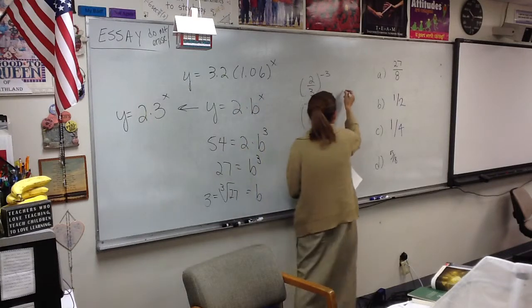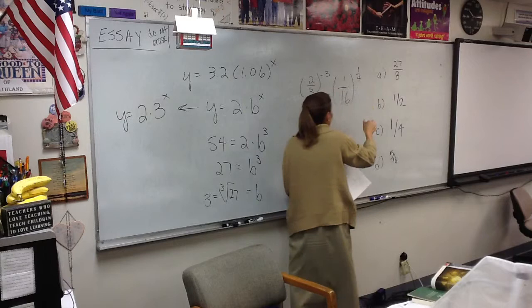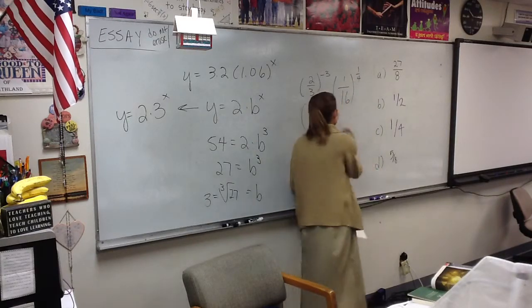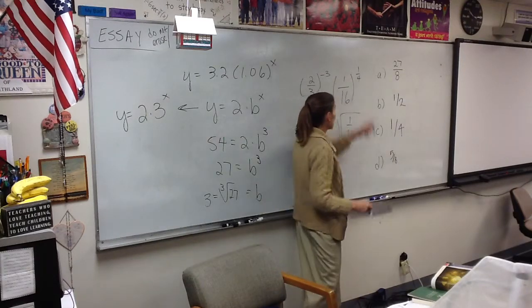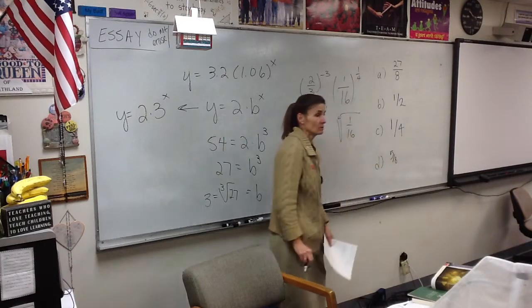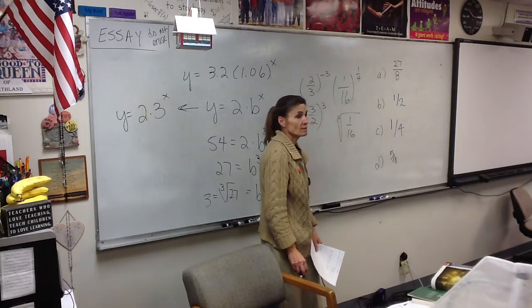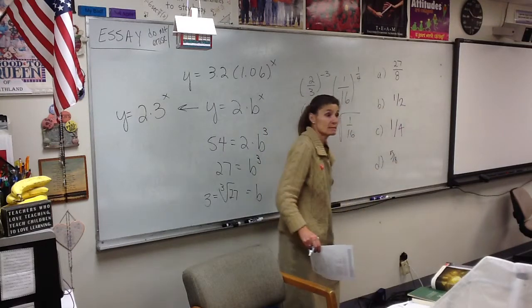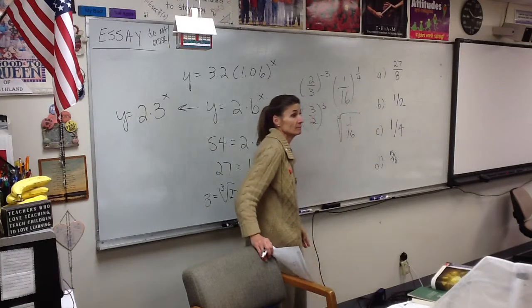Our logic, we have 1/16 to the 1/4 power. What does a fractional exponent always mean? Radical. The denominator tells me which radical. So this is a 4th root. What's the 4th root of 1/16? 2. Well, 4th root of 16 is 2. Yep, and the 4th root of 1 is 1, so the answer is 1/2.